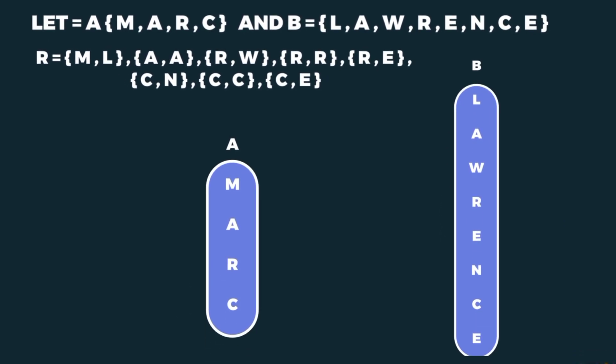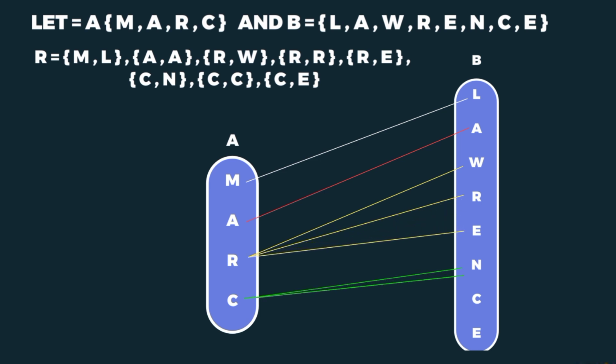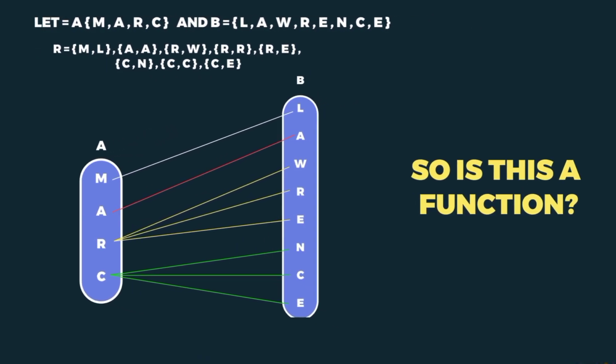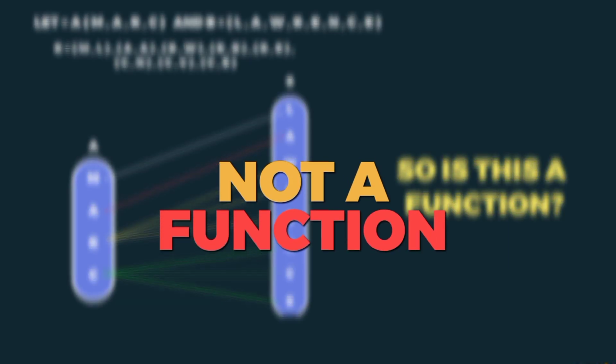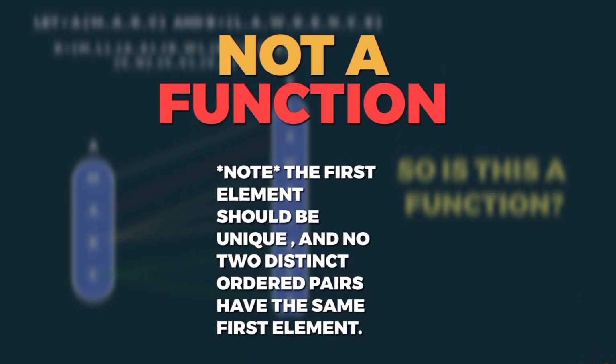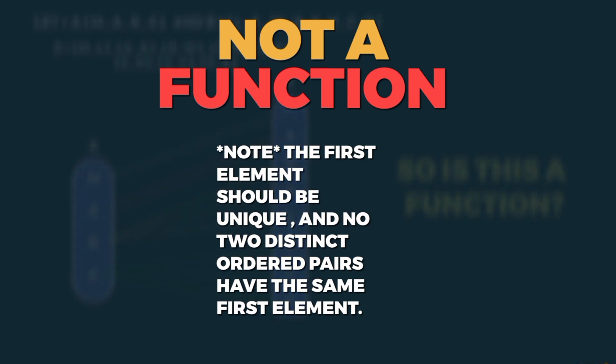We have here in our arrow diagram M to L, A to A, R to W, R to R, R to E, C to N, C to C, and C to E. So is this a function? No, it's not a function because remember the two properties? The first element should be unique.